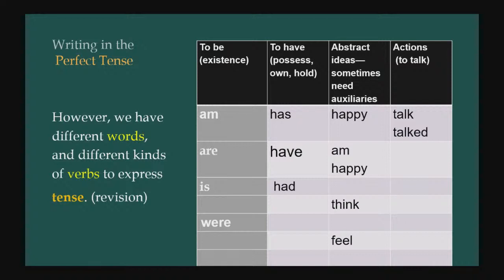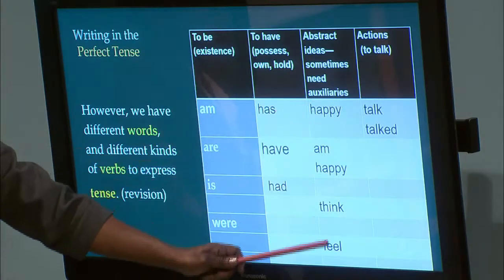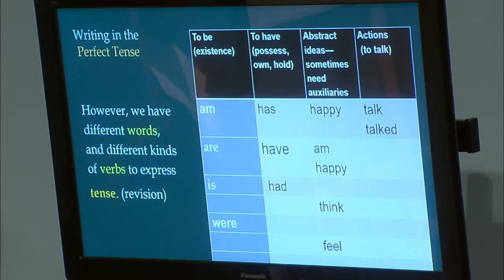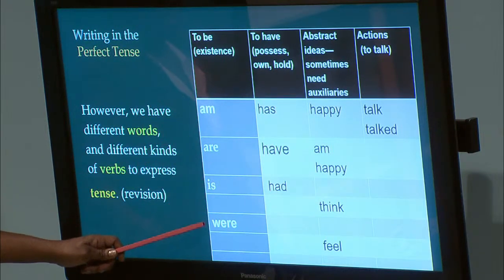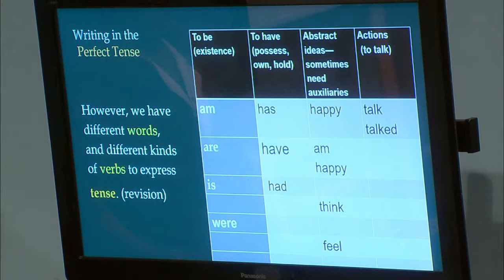Reminding you of verbs. We did look at verbs, and often you tend to forget that verbs are not just about actions. That's very important. Verbs are not just about actions. Some verbs express emotion, for example, brain activity. Other verbs are expressing existence.